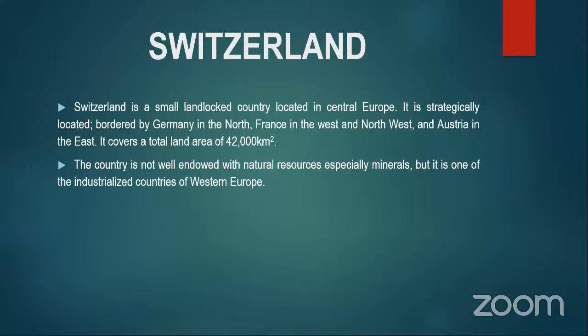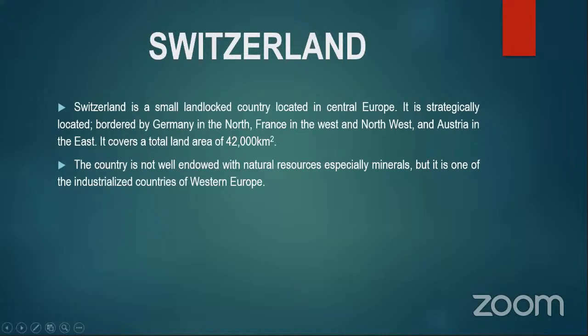Remember, we compared the whole of the Rhinelands to Tanzania. Tanzania is bigger than those countries. So now we are looking at Switzerland alone, and Switzerland covers 42,000 kilometers squared. The country is not well endowed with natural resources.